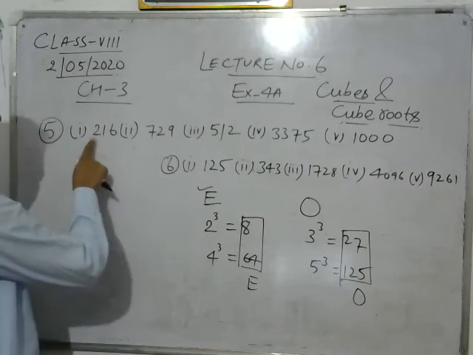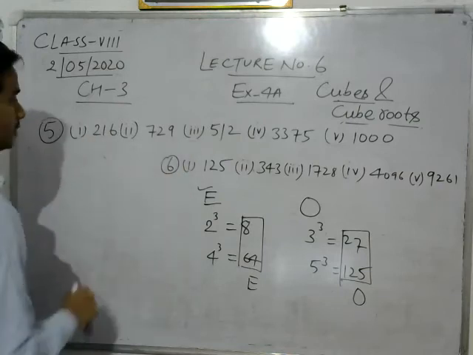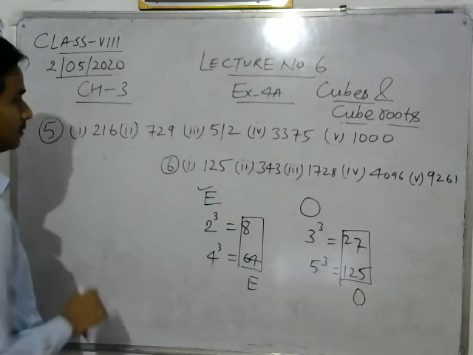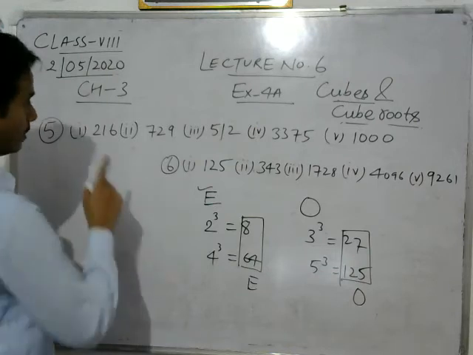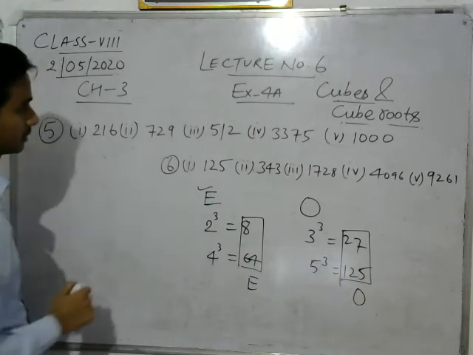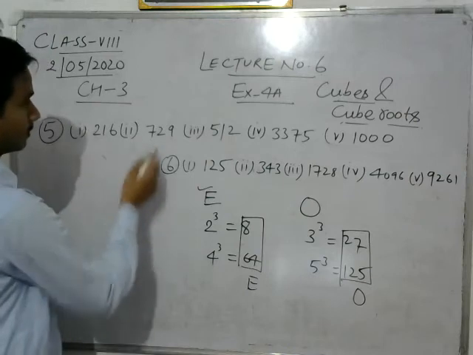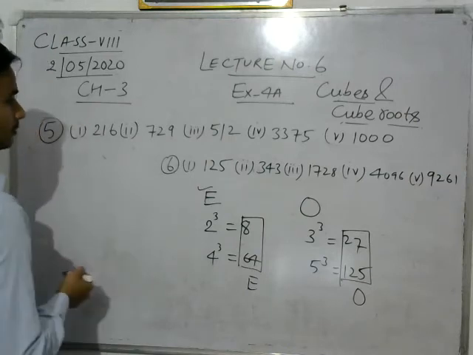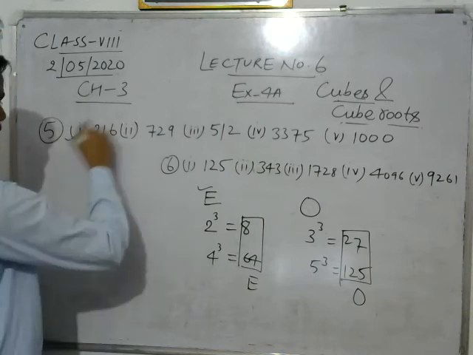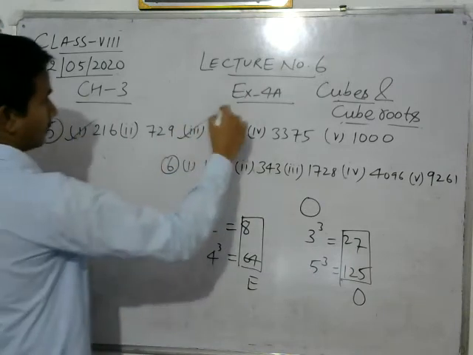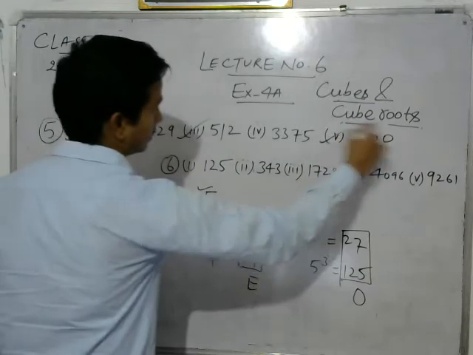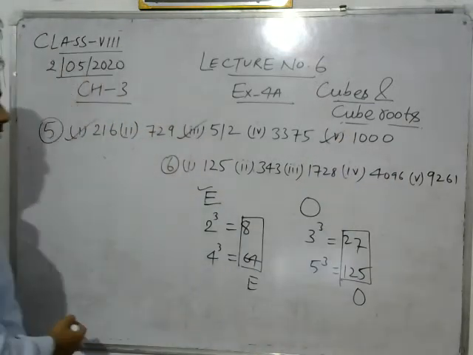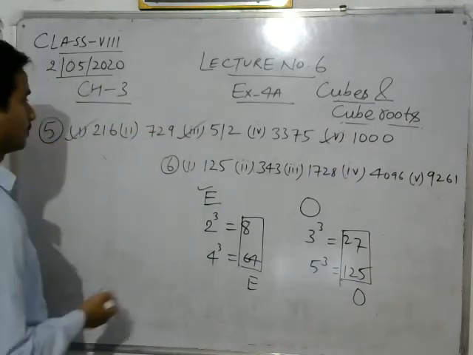We have to find which of the following are the cubes of an even number in question number 5. So we just have to select the even numbers. 216 is even, 512 is even, and 1000 is even. So this will be the answer.